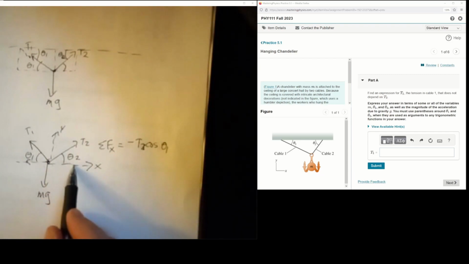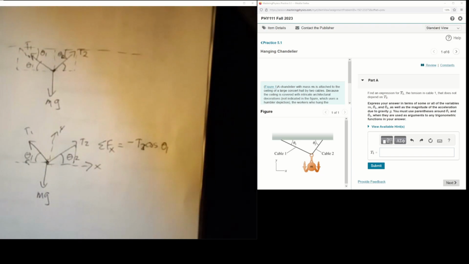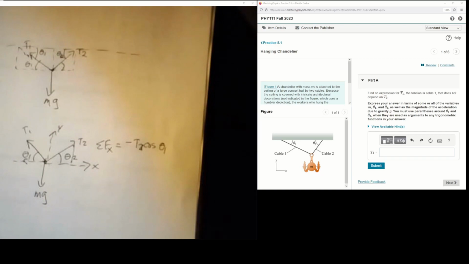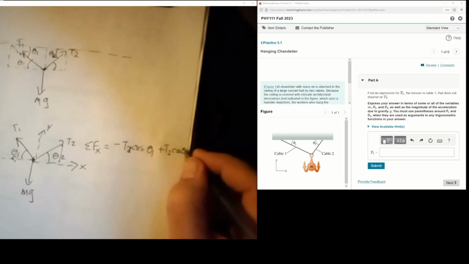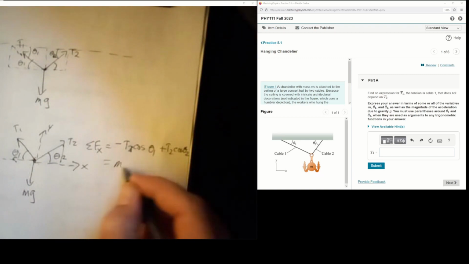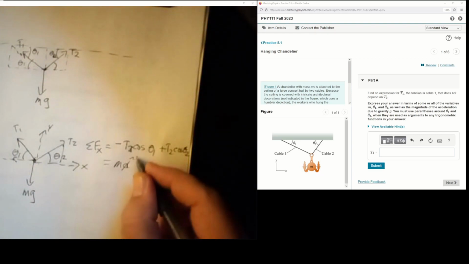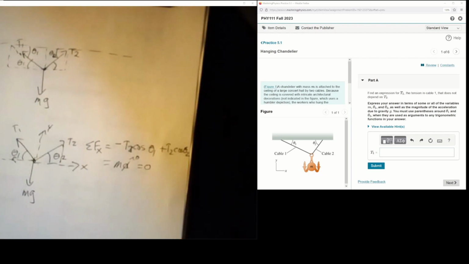And in the positive direction, this component of this right triangle, again the adjacent, we would get a positive T2 cosine theta 2 there. Newton's second law says that equals ma, but the chandelier has no acceleration, so this ultimately equals 0.